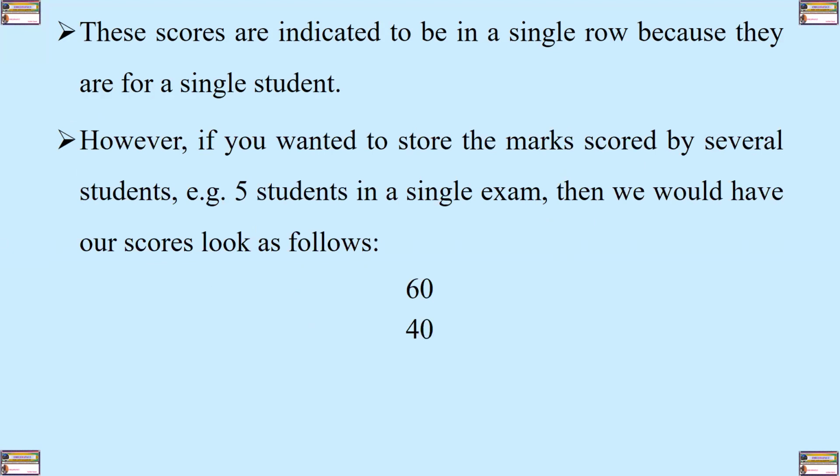That is 60, 40, 11, 18, and 95. And by this arrangement, I'm trying to indicate that each of these scores belongs to a single student. But remember, we are not including the names of students accompanying or being accompanied by their scores. So 60, 40, 11, 18, and 95 will be in a single column.